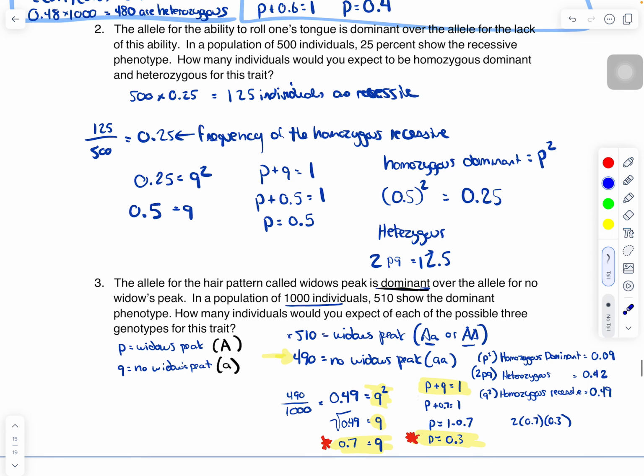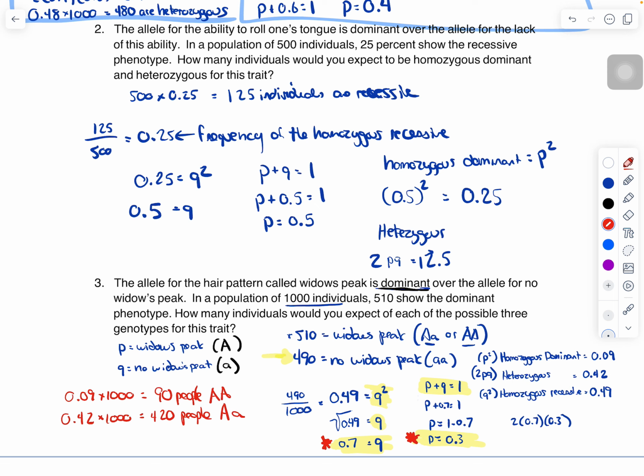And so from there, you can literally go 0.09 times 1,000, which is going to be 90 people who will be big A, big A. 0.42 times 1,000 will be 420 people that will be big A, little a.